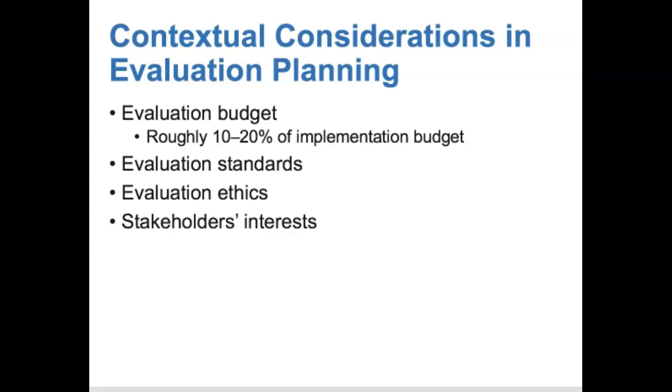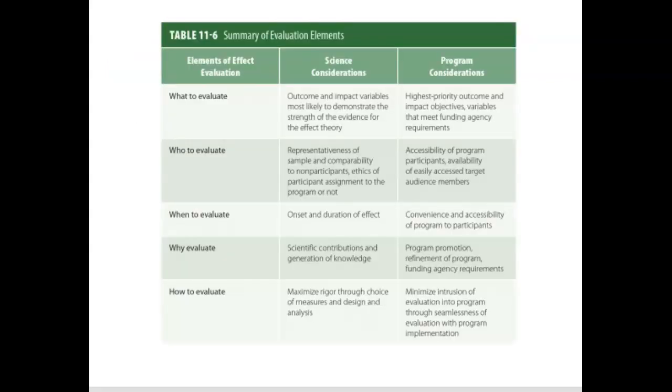One benefit of involving stakeholders in your evaluation is that expectations can be managed and addressed and ensure that the information that you're capturing will be useful to stakeholders. Here is a table of different elements of an evaluation and scientific and programmatic considerations. Both are important and can influence the design and implementation of the evaluations.